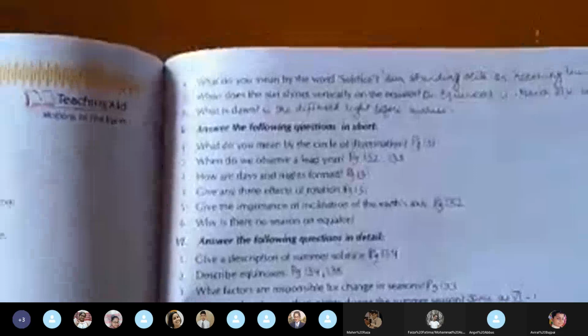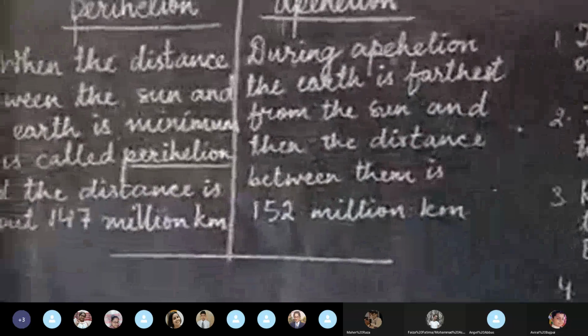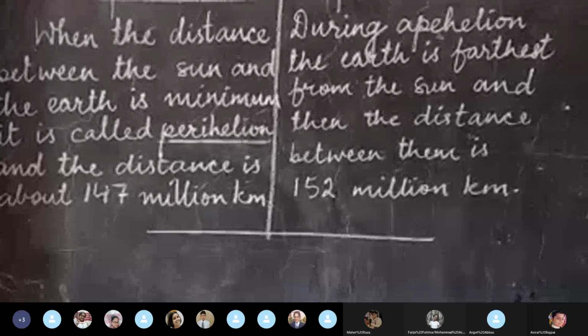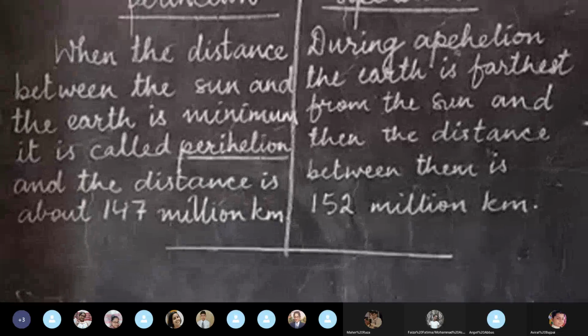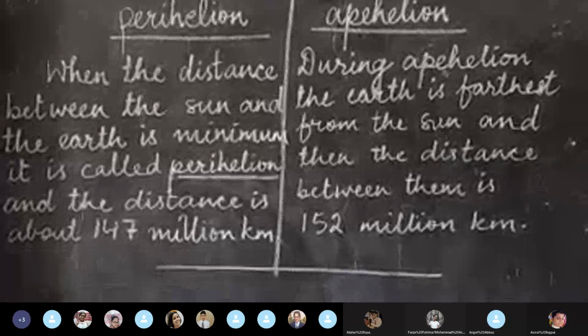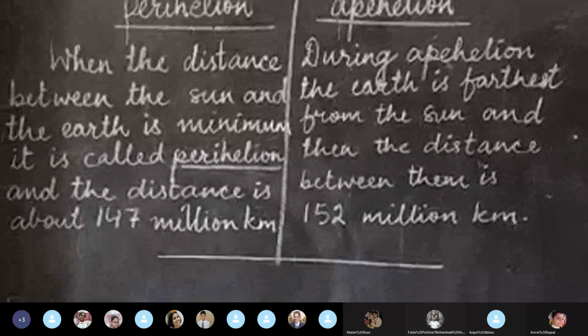Come to 7.3. Perihelion and aphelion. Leave these two, I will do it just now. Perihelion and aphelion. Please look up here. Now for perihelion, you write when the distance between the sun and the earth is minimum, it is called perihelion.